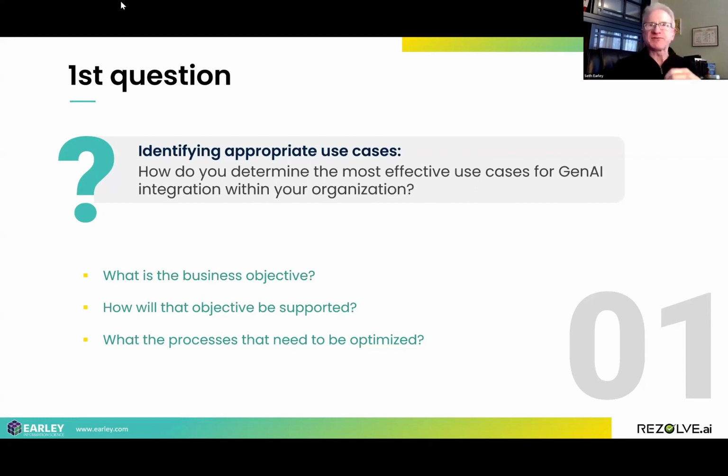What are those specific processes? And then what can you measure? Because what you want to do is measure a baseline, have an intervention, and then show what that improvement will be. So again, it comes down to the business objective, and then the ways that business objective will be supported, because everybody's going to say, oh yeah, increase revenue, reduce costs, but how, where, what.